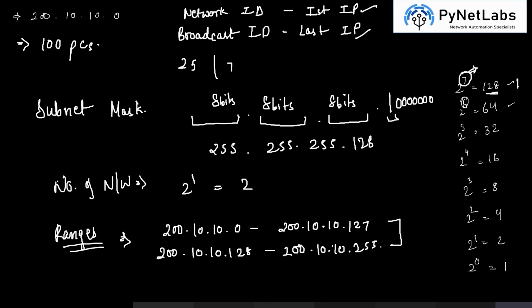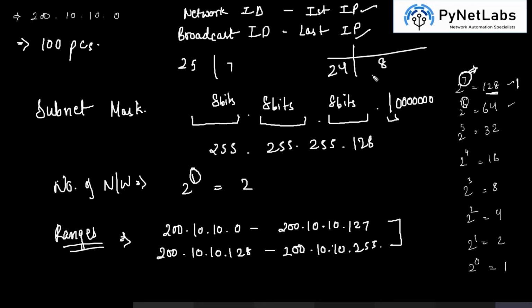Okay, so for the number of networks, what you have to do is just put the number of borrowed bits on the power of 2. When we look at the default distribution, it is 24 and 8.